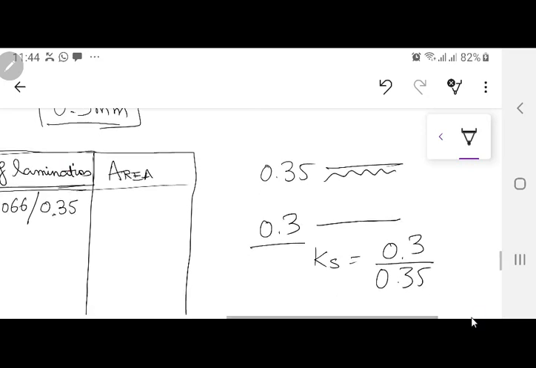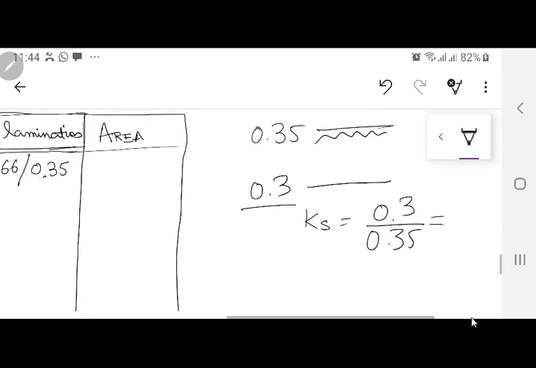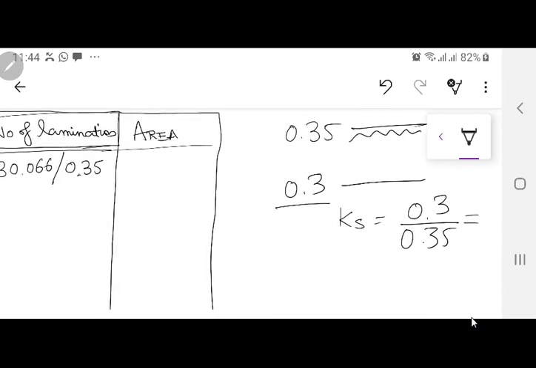So the stacking factor is the lamination thickness without insulation divided by the lamination thickness with insulation. Now 0.3 divided by 0.35 comes out to be 0.85, which is a very bad factor. I told you that stacking factor can go from 0.85 to 0.95 or 0.97.